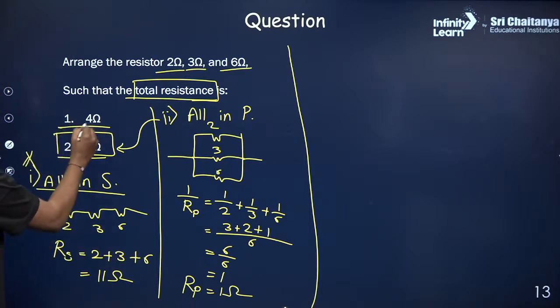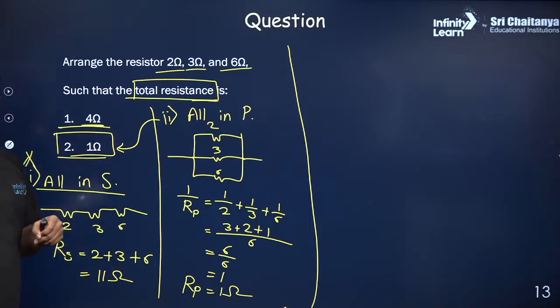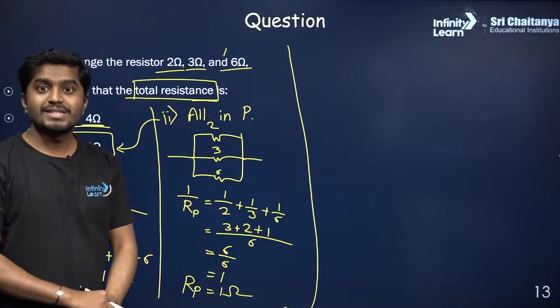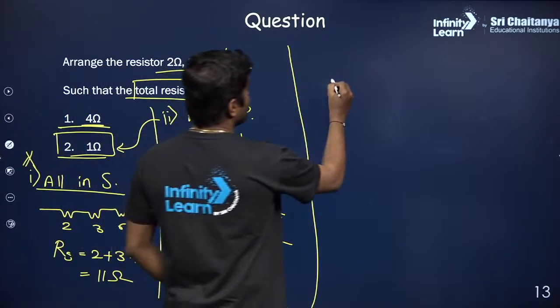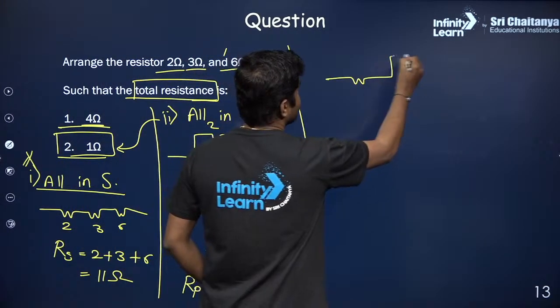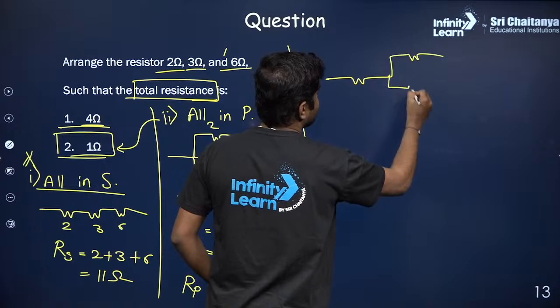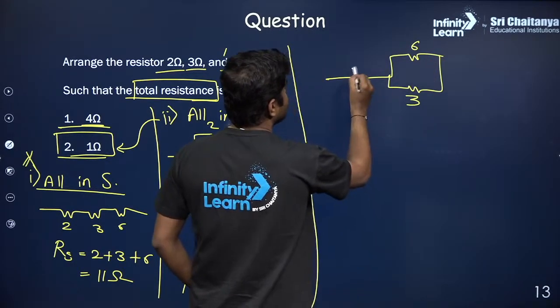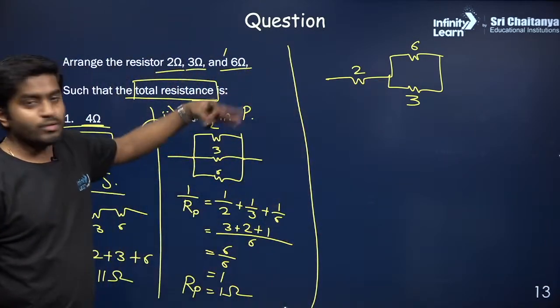So now you want 4 ohms, correct? This 6 ohm resistance should be in parallel with something. So we can do something like this. There is one resistance, 6, and let's say there is 3 ohms, and there is 2. I'm just giving you random values.